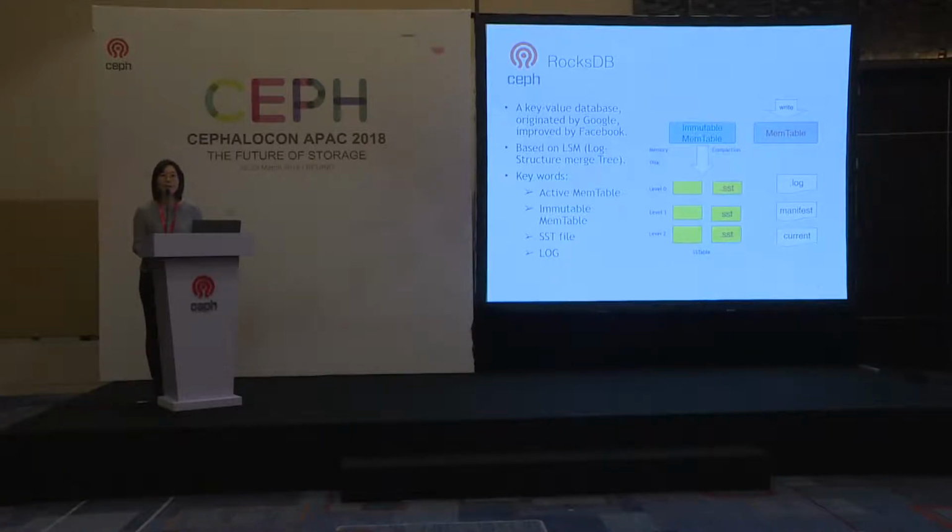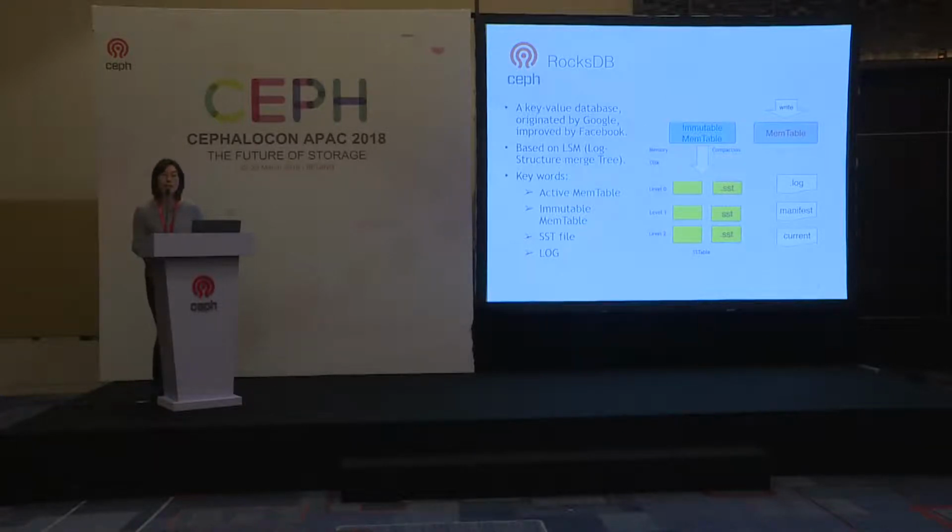I forgot to say, a memory table is a memory space with a fixed size. In BlueStore, the default size for the memory table is 256 megabytes. A memory table includes a skip list or other data structures.